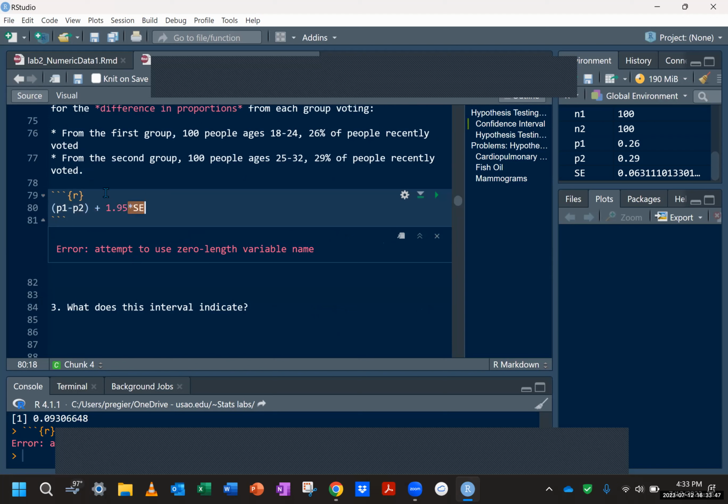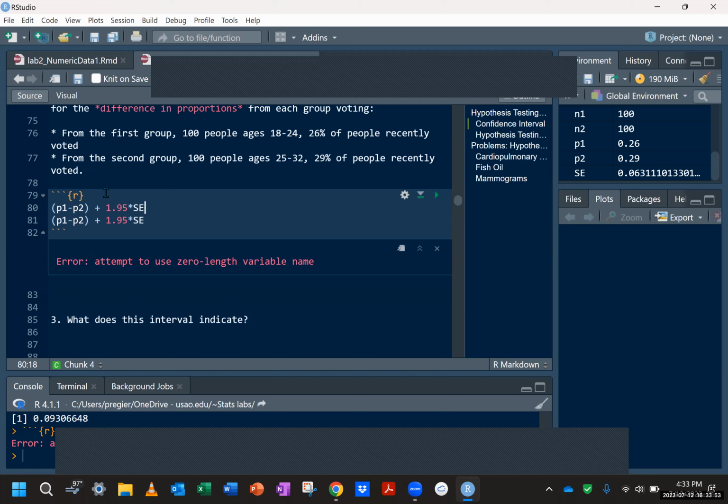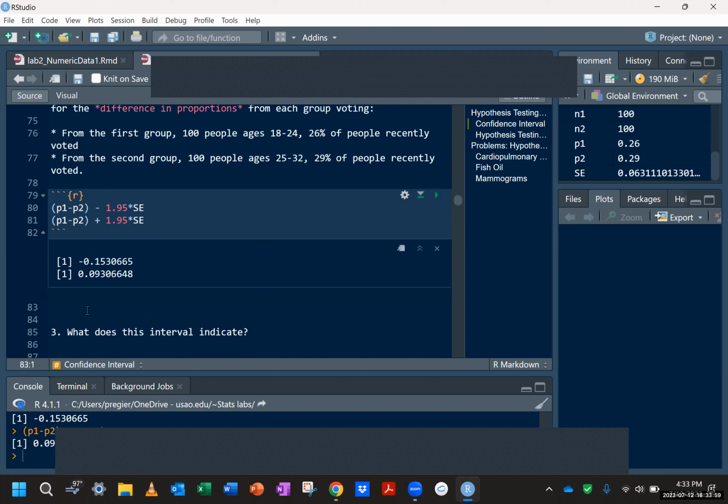Whoops. I'm using undo. So I have to say minus to get the two bounds. So this tells me negative 15.3.